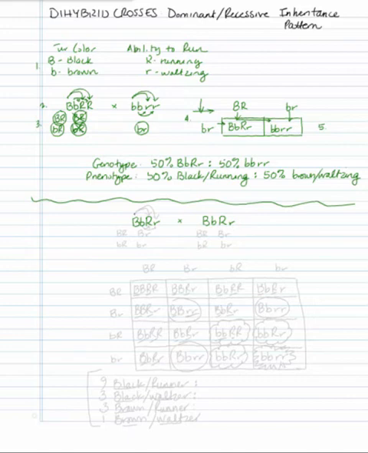So if this chromosome ends up with that chromosome at the end of meiosis, I get a big B and a big R. If this chromosome ends up with that one at the end of meiosis, I have a big B and a little r. Those two are different. If the little b ends up with the big R, there's another one, and the little b, little r. So this parent here can contribute 4 different gametes.